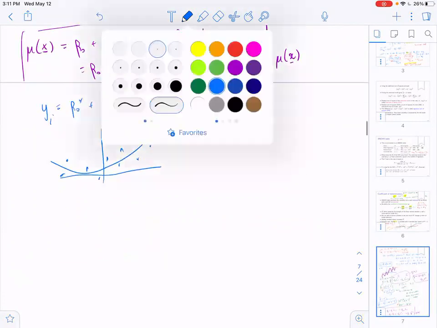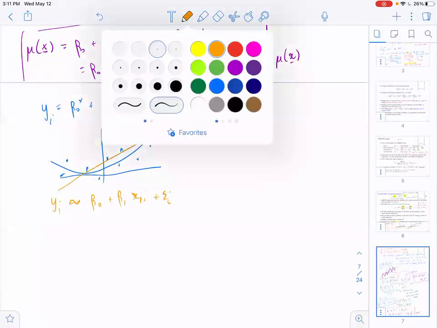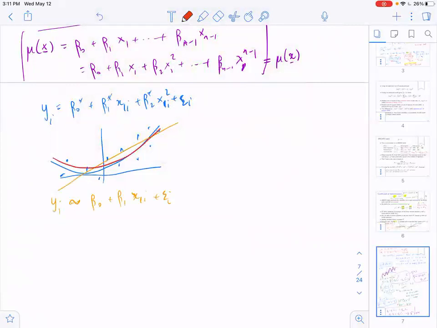If you fit a single regression with just y_i equal to beta 0 plus beta 1 x1i plus epsilon_i, so you ignore the second coordinate, you're going to underfit. You're going to fit a regression line through this. If you go with the second order, you probably get a good fit. If you go with a third order or fourth order, you might start obtaining this.